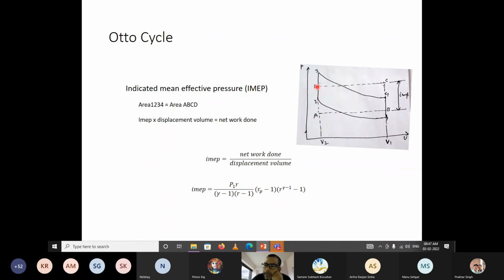What we are going to do here is construct a rectangle within the given displacement volume.